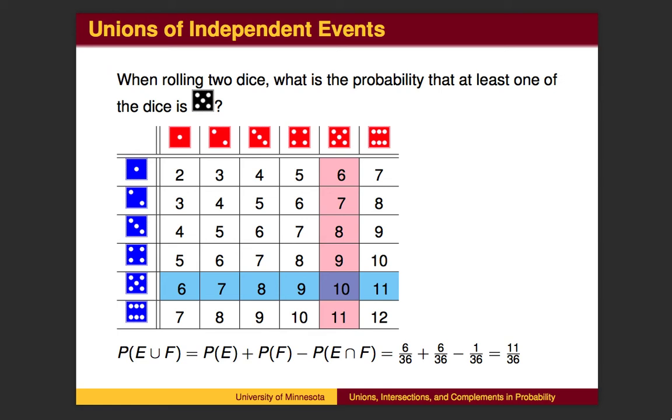When both dice are 5, we counted it in the blue row and in the red column. We need to adjust for this by subtracting the double counting, the intersection. The correct answer is to add the probabilities of E and F, then subtract the overlap. If E and F are mutually exclusive, then there is no overlap and we have our original formula.